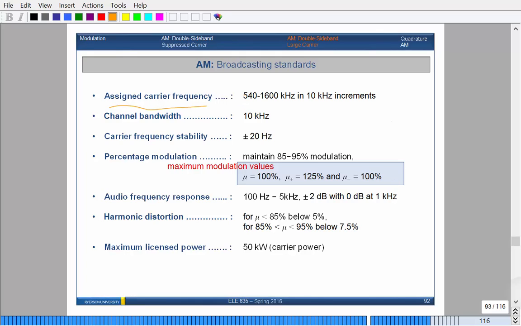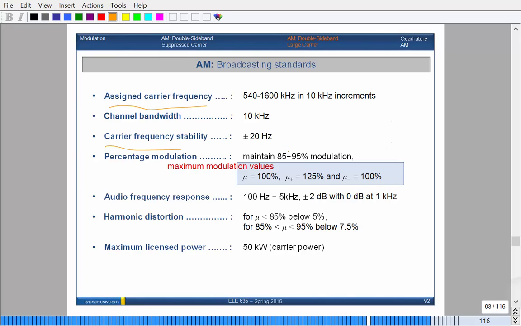It ranges between 540 and 1600 kilohertz in 10 kilohertz increments, which makes sense. If you turn your dial, you'll see that it jumps every 10 kilohertz. The channel bandwidth is 10 kilohertz, so at 540, the bandwidth of your signal is going to be between 535 and 545 kilohertz. Also you have the carrier frequency stability, so the delta F that we talked about in terms of amplitude modulation is plus or minus 20 hertz.